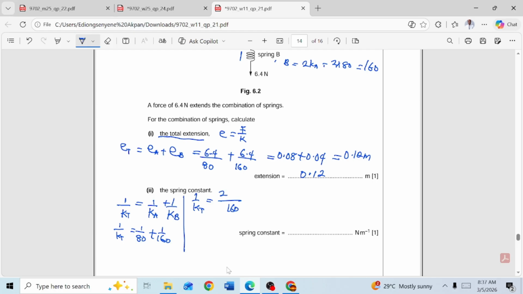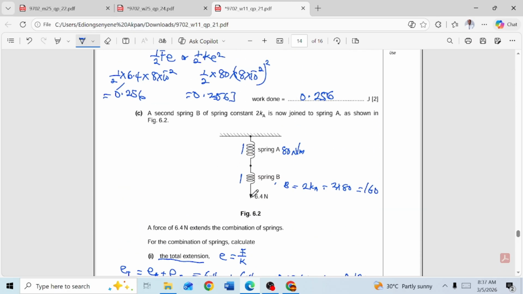This will be 2 plus 1, 3 over 160. Kt will be 160 over 3. The answer will be 53.33. This spring constant question, sometimes students don't know how to do it.